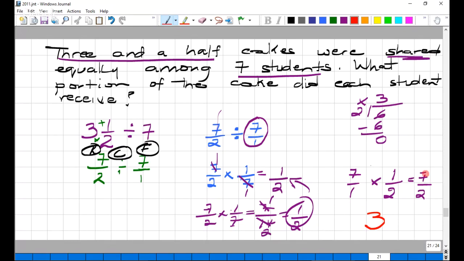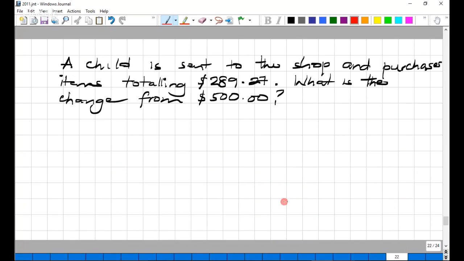Remainder what? 1, so 1 over 2. So there we have it. We have solved it, and we have even gotten to the point where we could check to make sure that it is right. Yes, sir. All right.